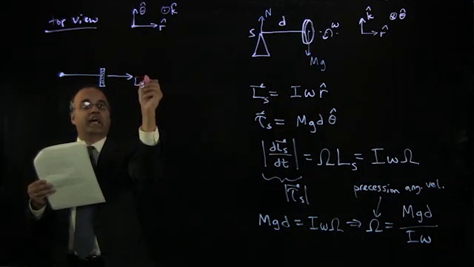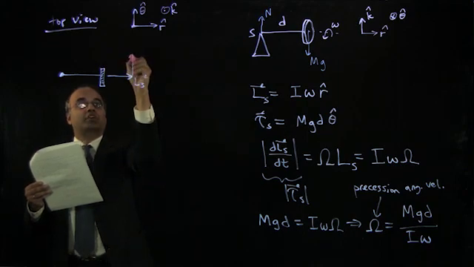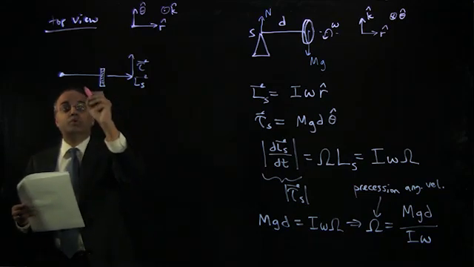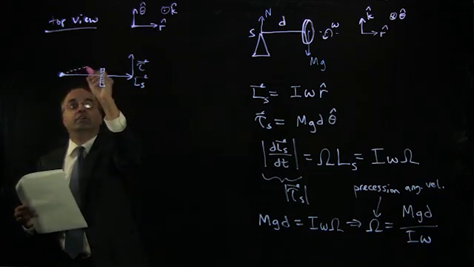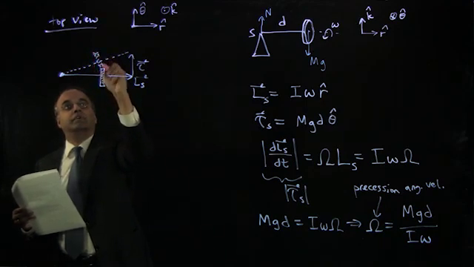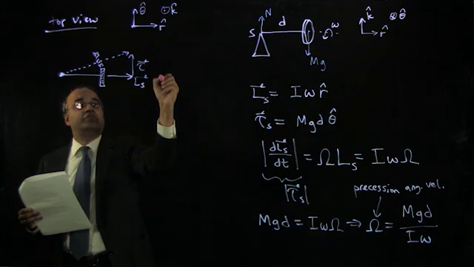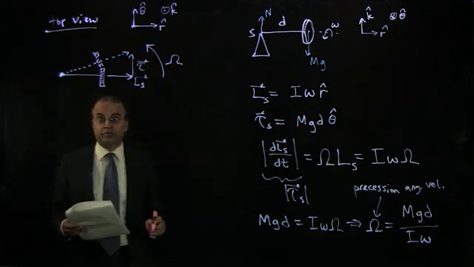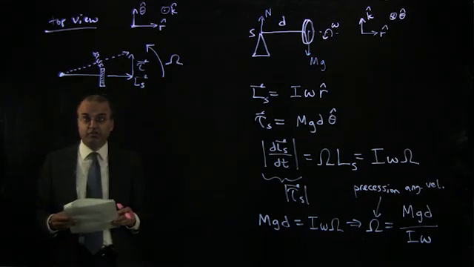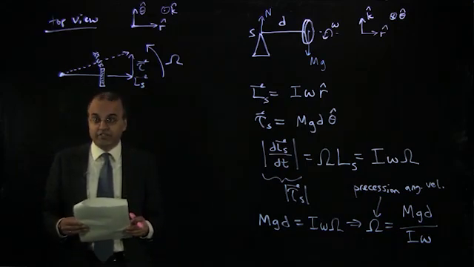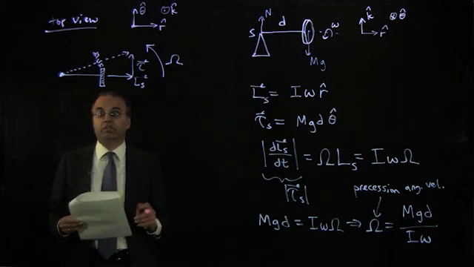So that's Ls pointing that way. If the torque is pointing in the theta hat direction, then that's going to act to rotate the angular momentum vector this way. And so the sense of rotation will be like that. In that case, looking down on the system, we would see a counterclockwise rotation, and that's equivalent to the omega vector pointing in the plus k hat direction.